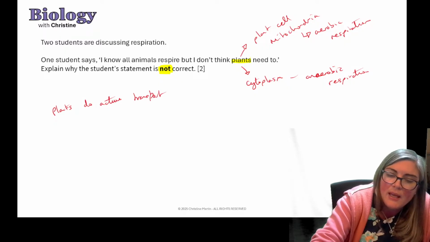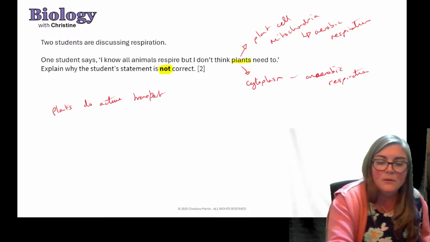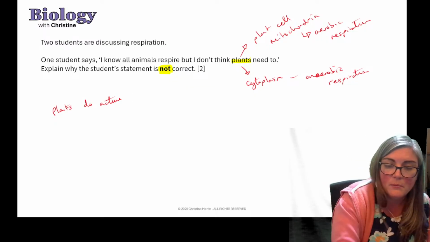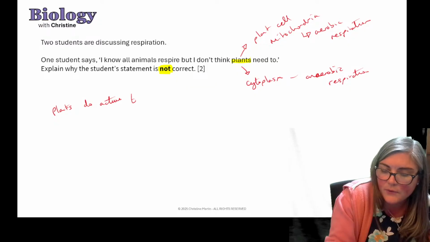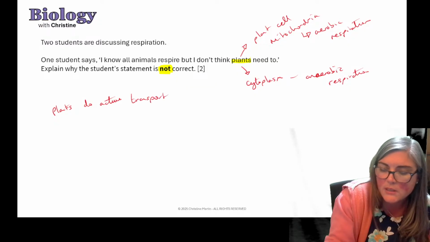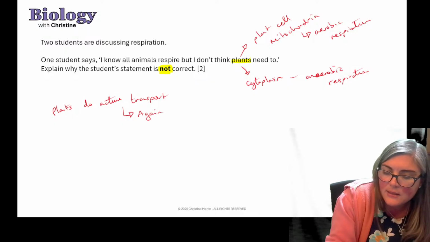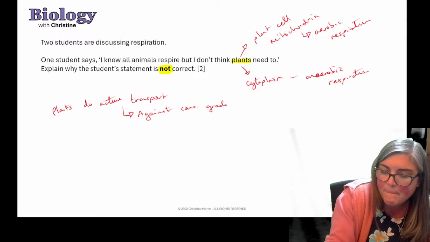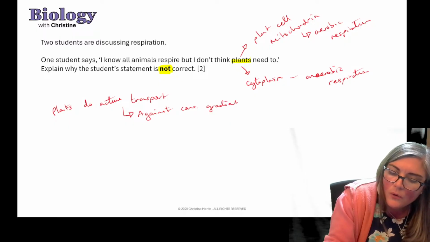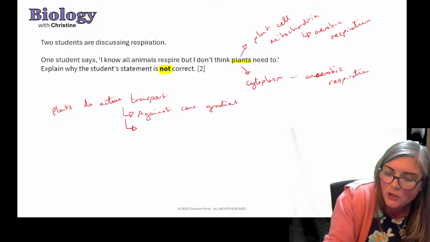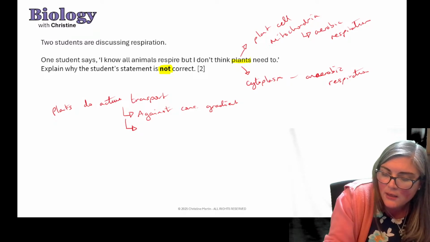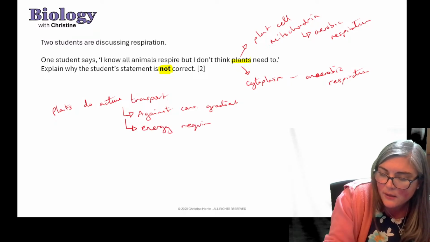Active transport we know is going against the concentration gradient. And we know that because it's going against the concentration gradient, energy is required.